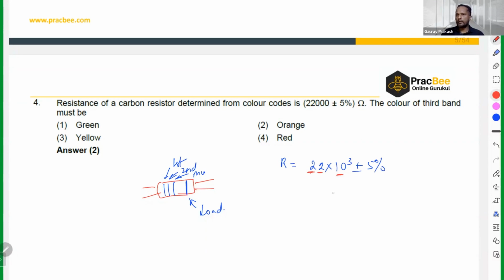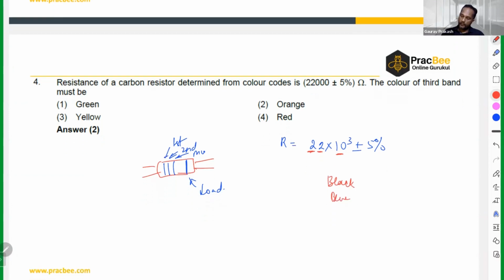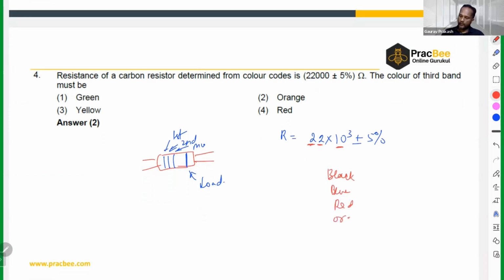And if you remember the table for the color code, you know that black, brown, red, orange correspond to 10 to the power 0, 10 to the power 1, 10 to the power 2, 10 to the power 3. So this is 10 to the power 3, so it corresponds to orange. So this is the correct answer.